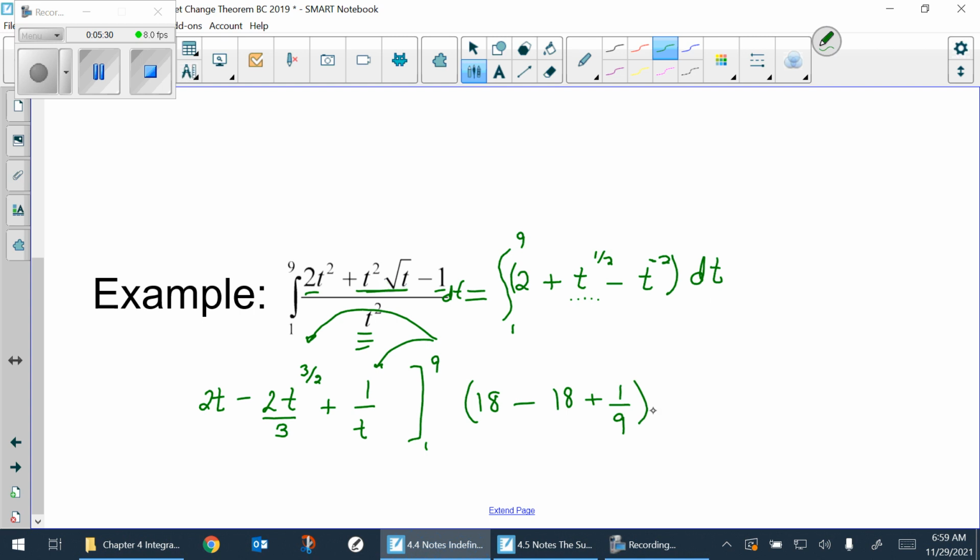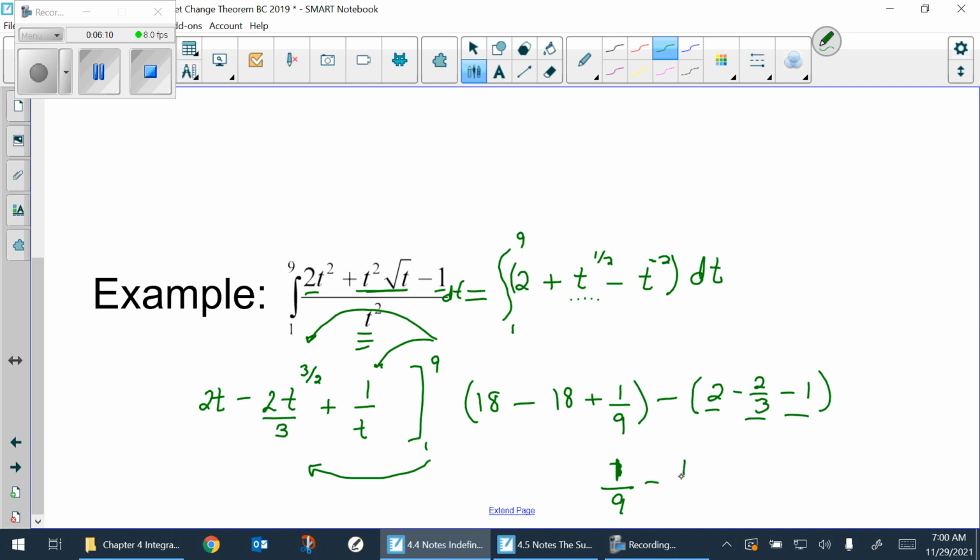Well, that's not a difficult sum to find. We're going to subtract from that. Let's drop a 1 in here. You got 2 minus 2/3 minus 1. So we've got 1/9. Now I think we're probably going to have a common denominator of 9. So 1/9 minus 2 minus 2/3 minus 1.